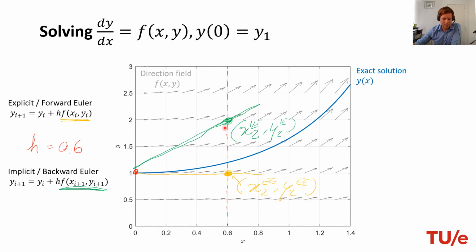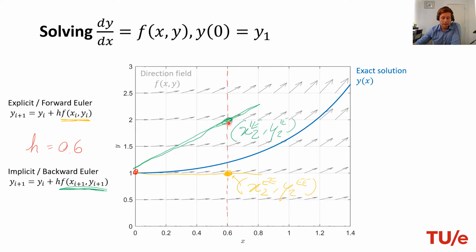Now we see also here that whereas explicit Euler underestimates the exact solution in this case, implicit Euler tends to overestimate the exact solution in this case. And whereas explicit Euler only uses information from step 1, implicit Euler only uses information from step 2.